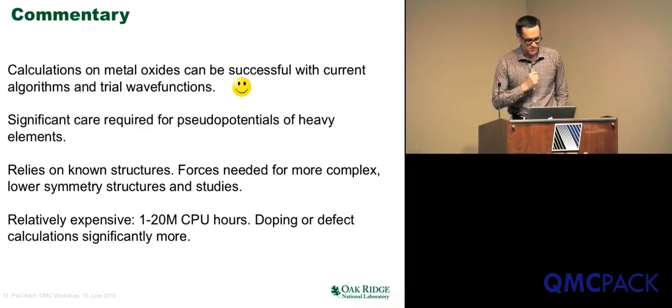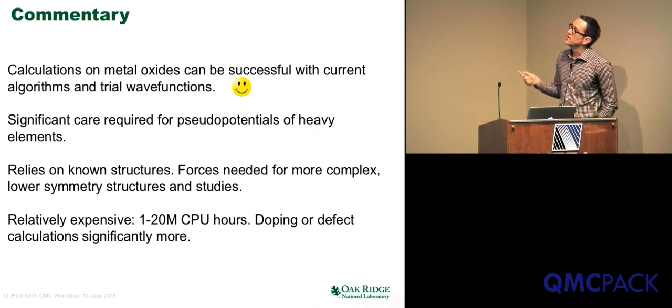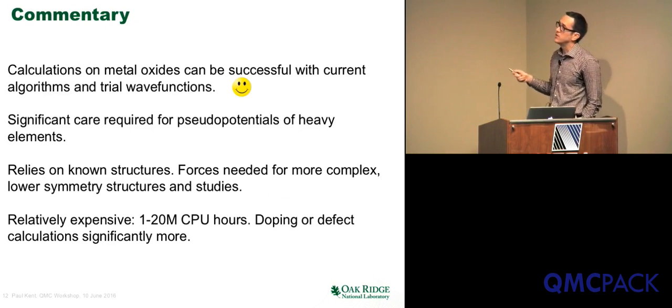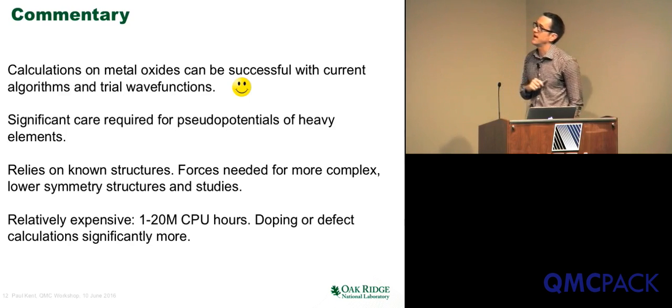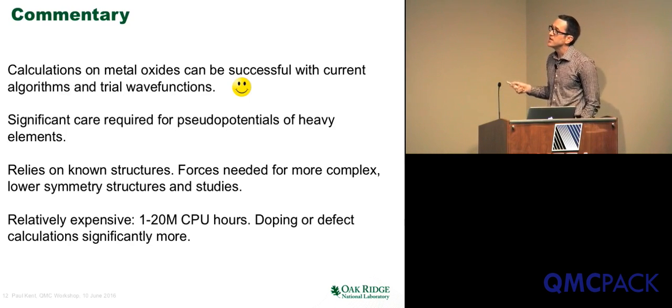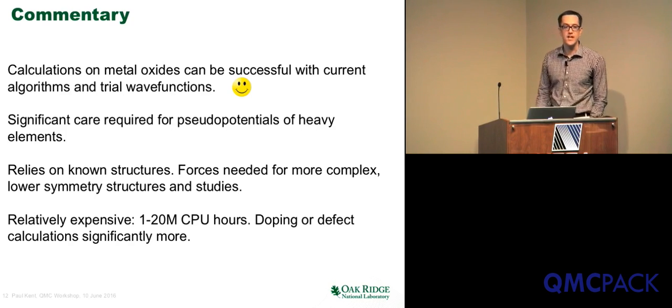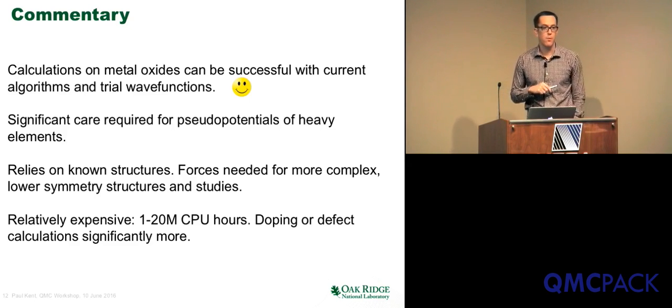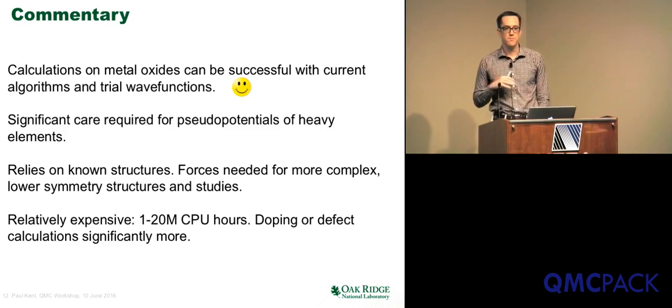So some comments. With the current technology, yes, we can be successful. We do have to be very careful with pseudopotentials of heavy elements. And one thing I'd point out here is, of course, we are relying very heavily on known structures. These are quite high symmetry systems, and the structures are very well known. Well done by X-ray.